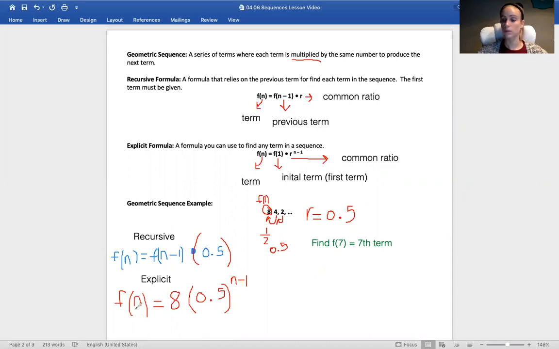So f of n, only I know what term I'm finding. So instead of f of n, it will be f of 7. Is equal to 8 times our common ratio, 5/10, raised to the power of n minus 1. Well, I know I'm finding the 8th term, so 8 minus 1.